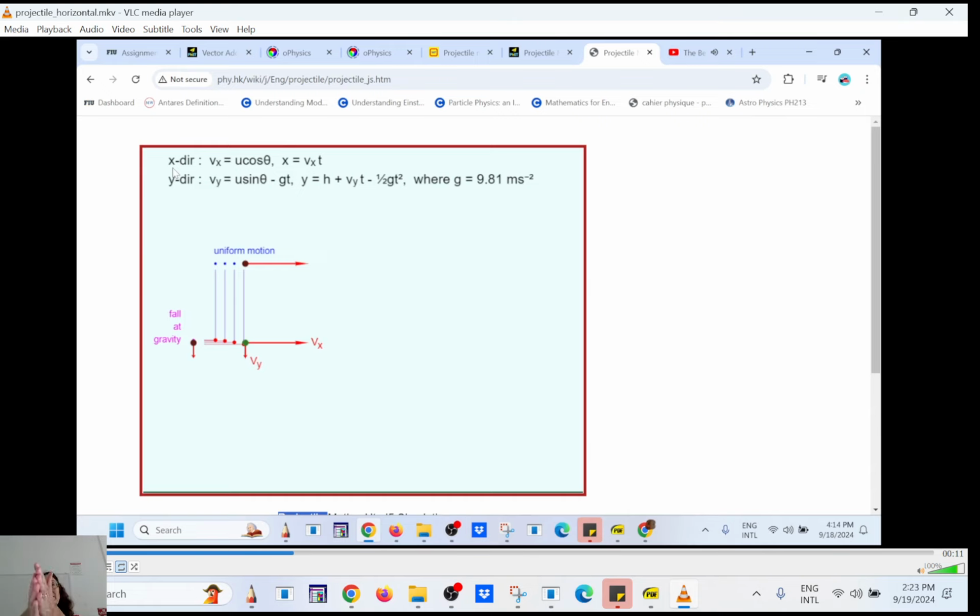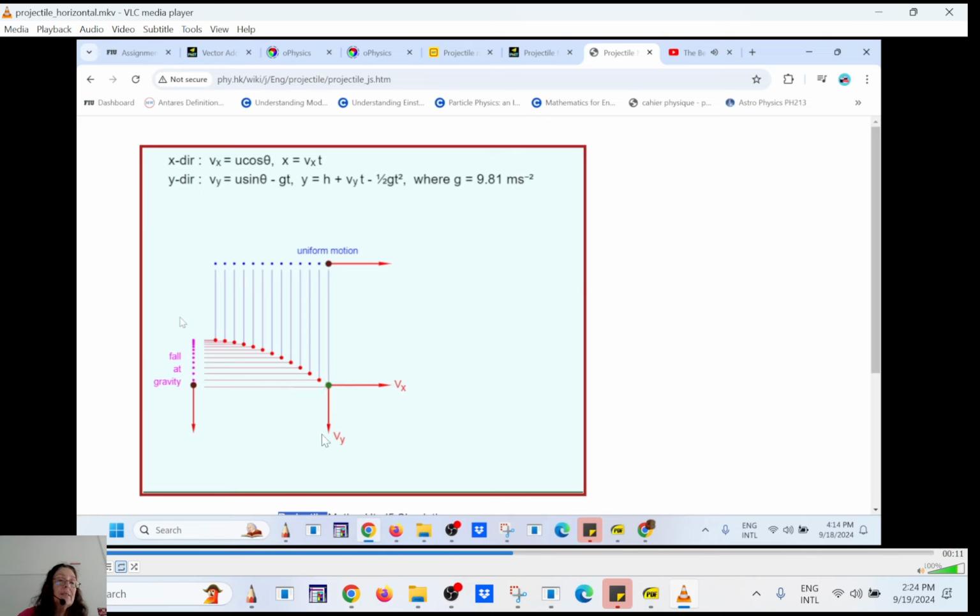You use the Pythagorean theorem to find the speed, and you use a tangent to find which way it's pointing. Is the velocity this way? Is it that way? Agree? So you see, as the time passes by, the y component is increasing, the x component stays the same. If you want to find the speed, you use the Pythagorean theorem. And if you want to find the orientation, the direction, you use tangent. Okay?